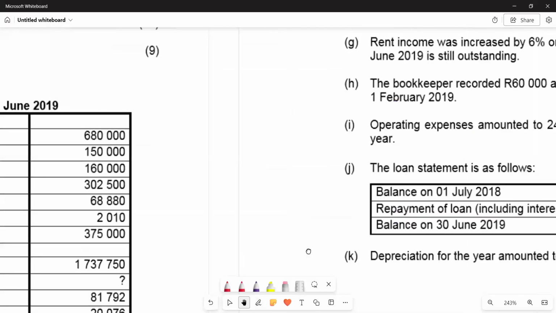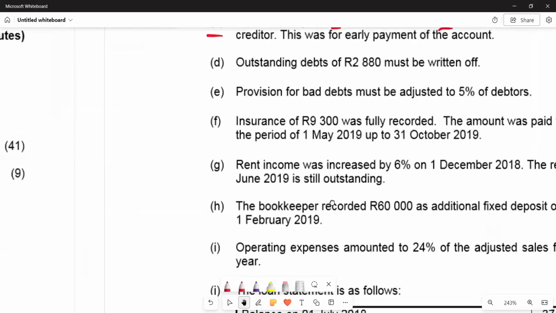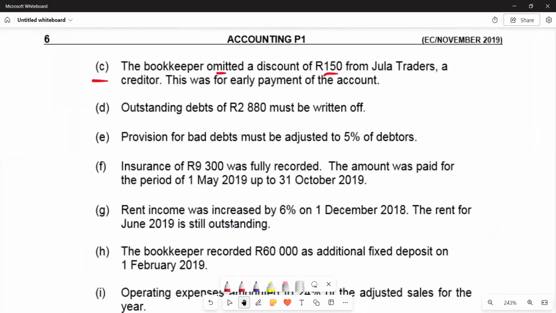If you come to additional information F, it reads insurance of 9,300 was fully recorded. The amount was paid for the period 1 May 2019 to 31 October 2019. So you see that our financial year ended in June 2019.